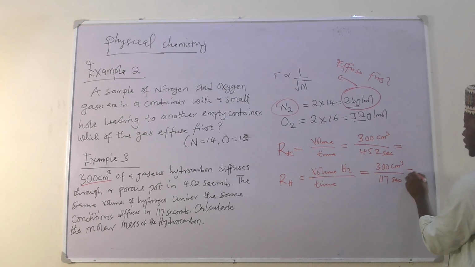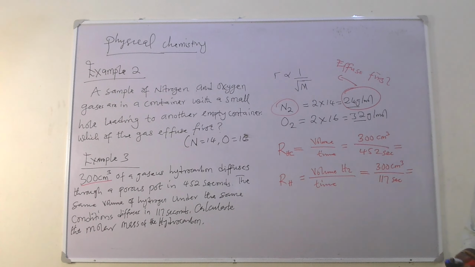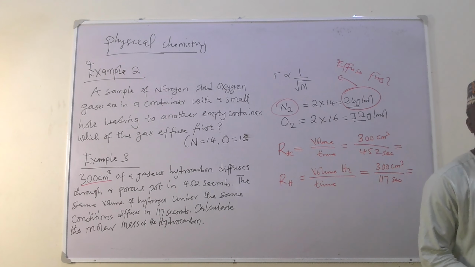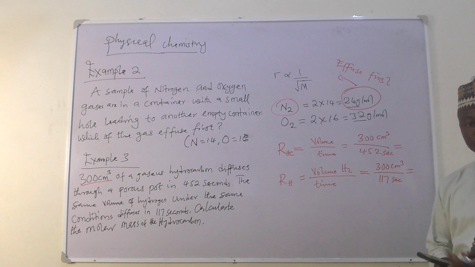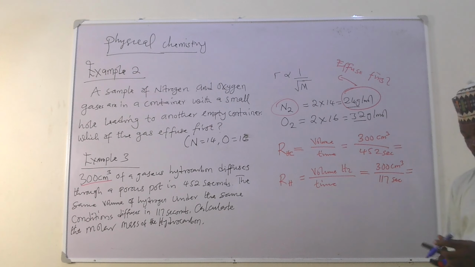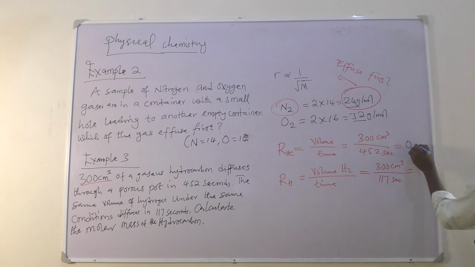So therefore, we are now going to take our calculator and get the answer. If we take 300 divided by 452, this will give us 0.664.